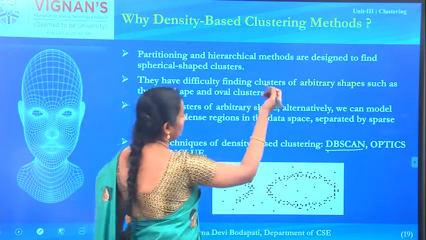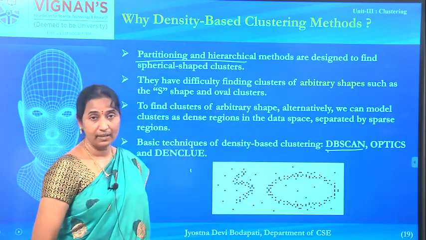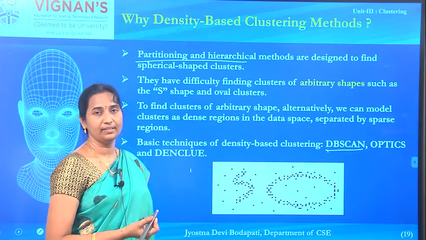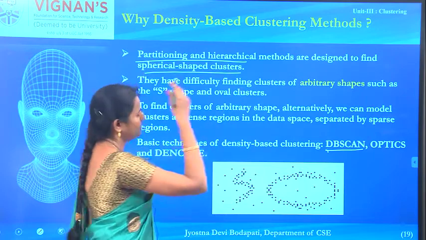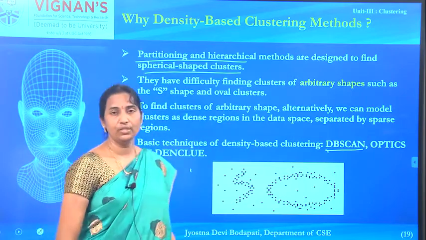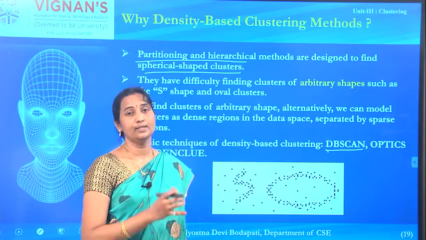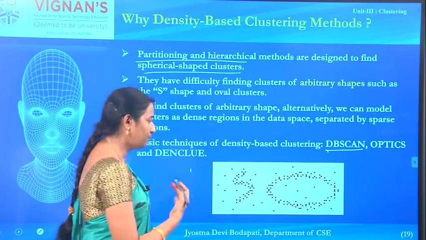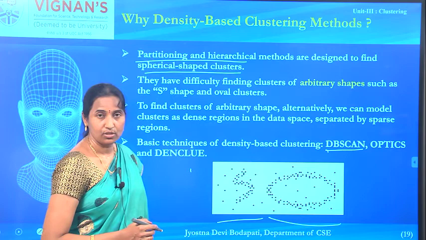The problem with the partitioning and the hierarchical algorithms is that they work very well when the clusters are spherical shaped, but they cannot do well when the data is oval shaped or S-shaped.